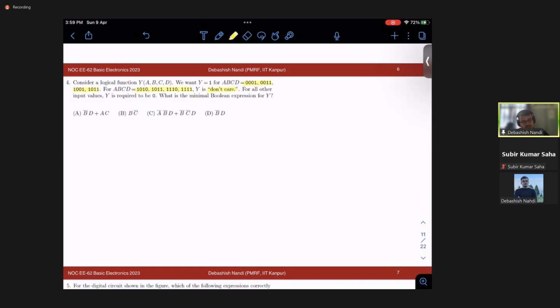For logic simplification we will take it as what is convenient to us, right? And for all other input values, y is required to be 0. What is the minimal Boolean expression for y?